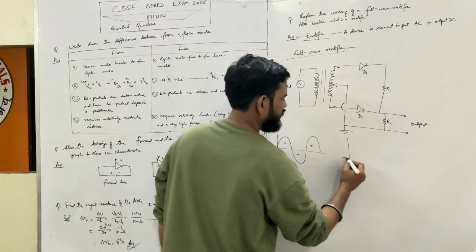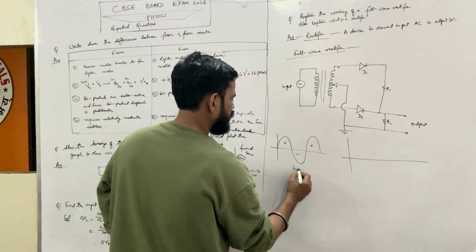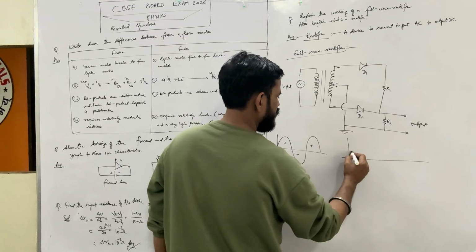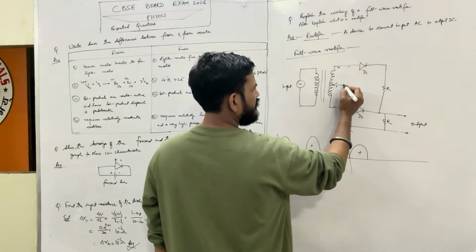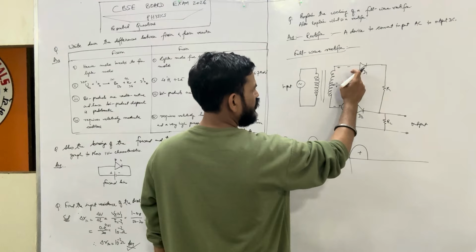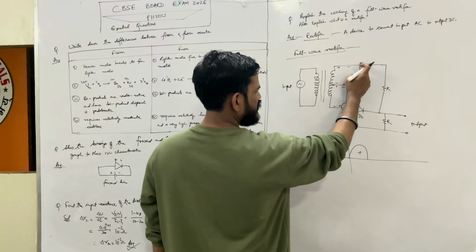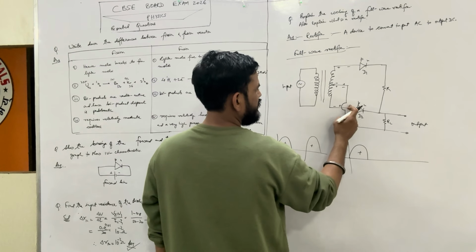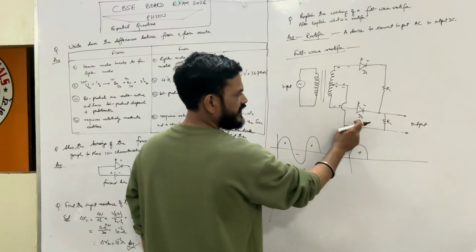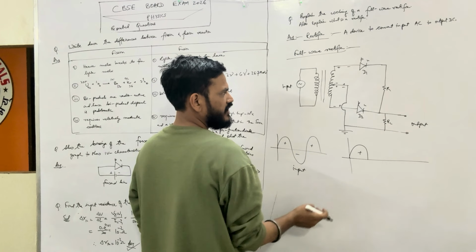So the output looks like this. This is input, the output will be positive. For the negative cycle, this will be negative, positive, negative, positive. Diode 1 gets reverse biased because P is connected to negative, and this diode gets forward biased. So D2 conducts, D2 is on, D1 is off.